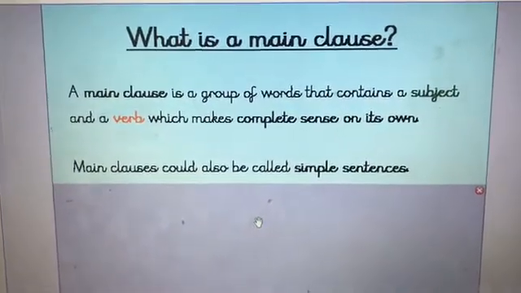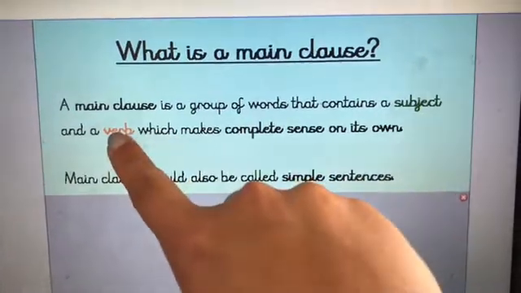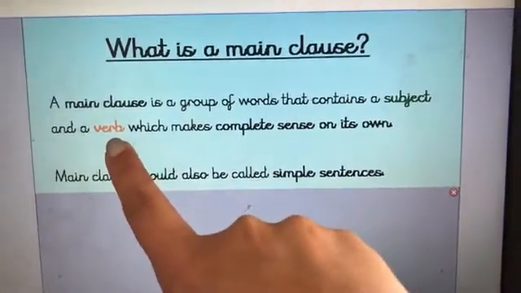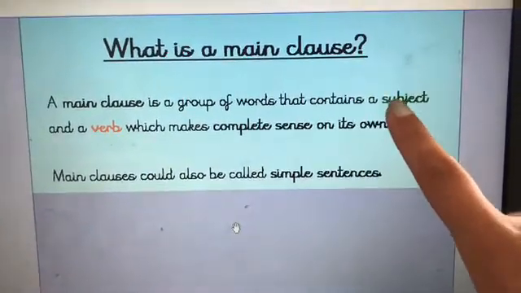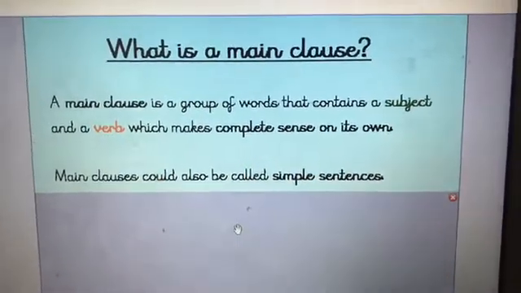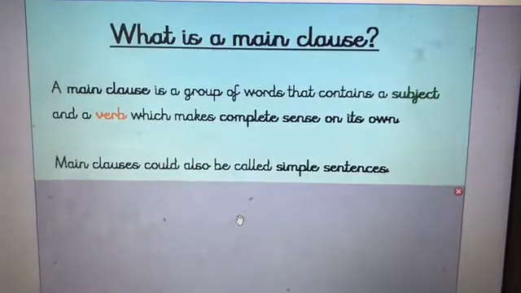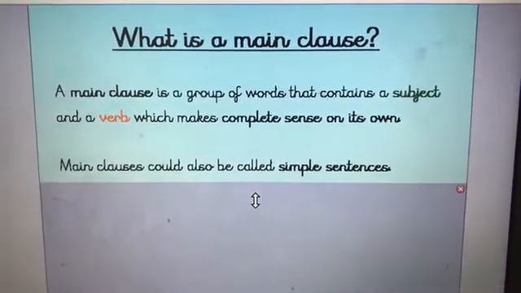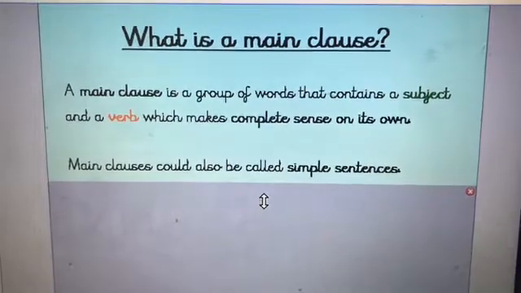So my main clause has a subject and a verb. Our subject is usually a noun. I've written subject in this colour and a verb in this colour. I wonder why. Well, you guessed right, we are going to use the rainbow grammar. Which two colour cards do you think I'm going to be using today?